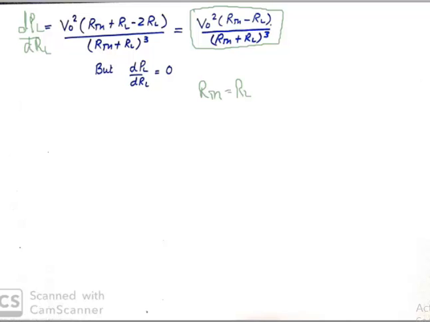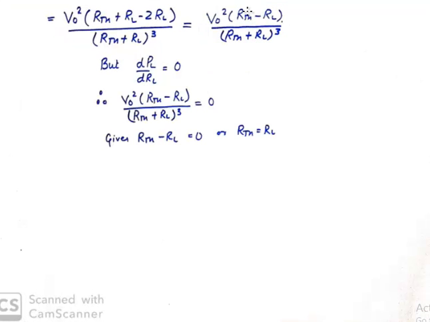So you could pause the video here and get to this point of derivation, and after this you simply need to find the condition where the derivative of PL with respect to RL becomes 0, and that will happen only when RTH is equivalent to RL. Clearly see that the numerator will become 0 when RTH minus RL is 0, or RTH is equivalent to RL.